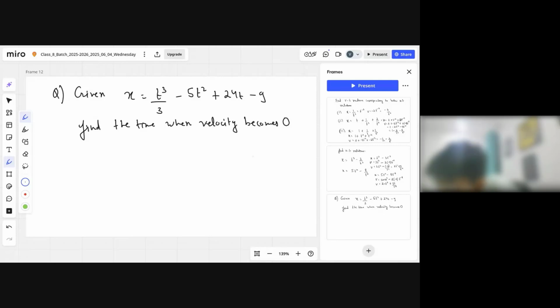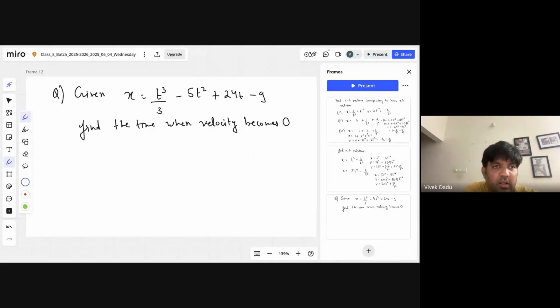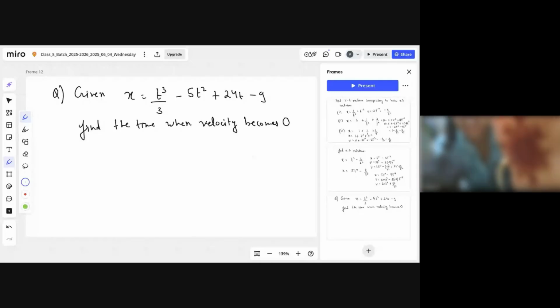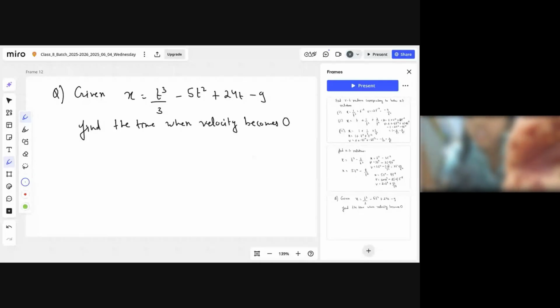Sir, I got until a certain point. Can I send until there? Yeah, you can. Anish, answer is wrong and working missing. Sir, I sent till a part. Can you tell if it is correct till then? Velocity time relation is wrong.